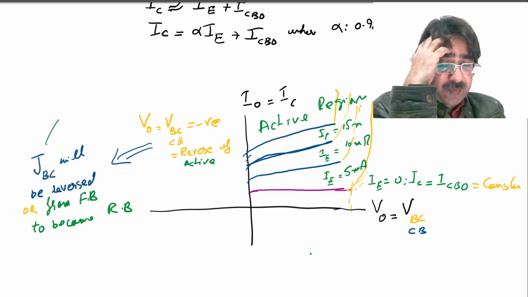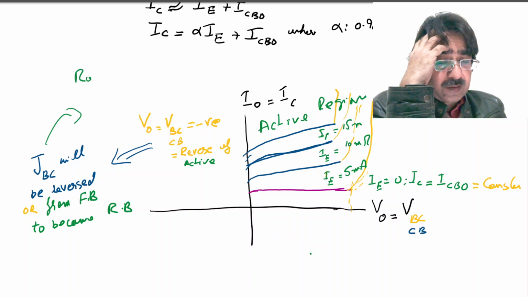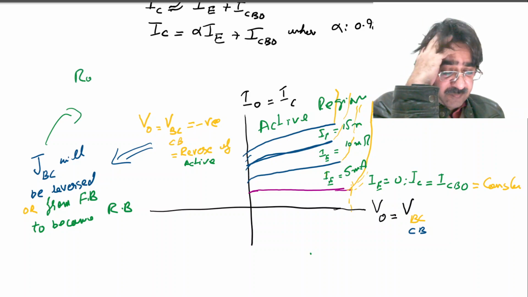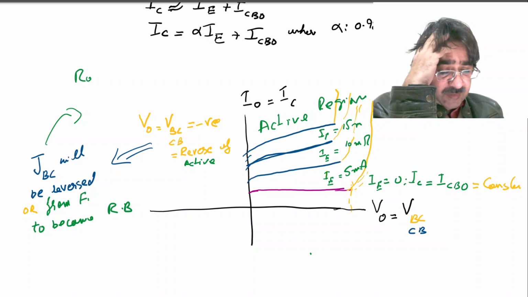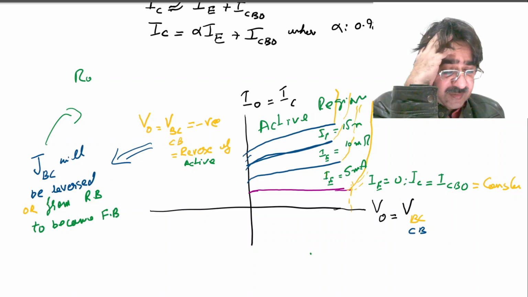So JBC will be a, no sorry, this was a reverse bias. So from a reverse bias, it will become a forward bias.